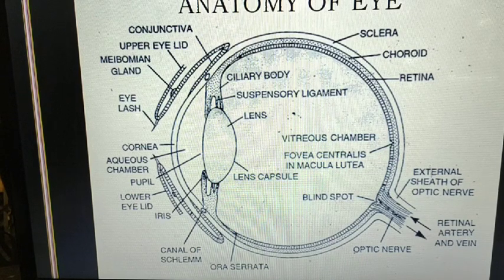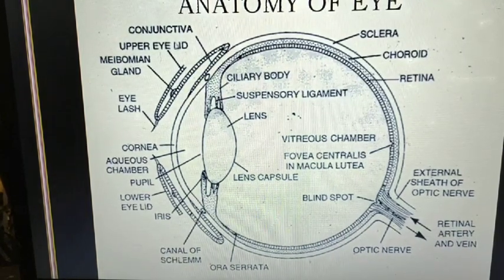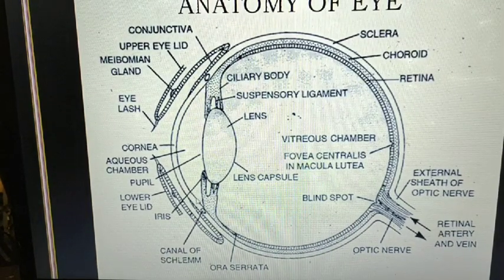So the sclera is opaque outermost layer which is made up of fibroelastic collagen, and it maintains the shape of the eyeball and it protects all other inner parts of the eye and also inner layers. So anterior part of the outermost fibrous coat is cornea.